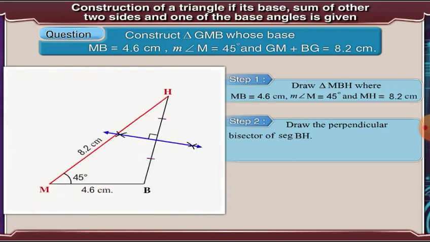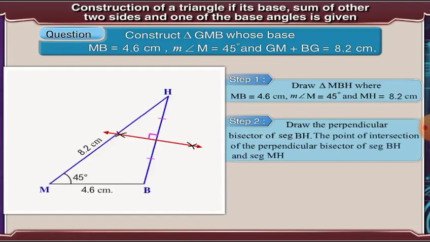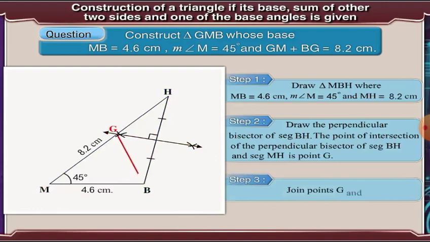The point of intersection of the perpendicular bisector of segment BH and segment MH is point G. Join points G and B and we get triangle GMB.